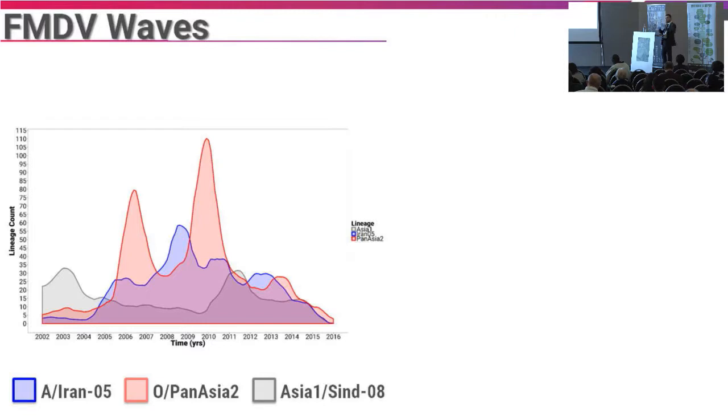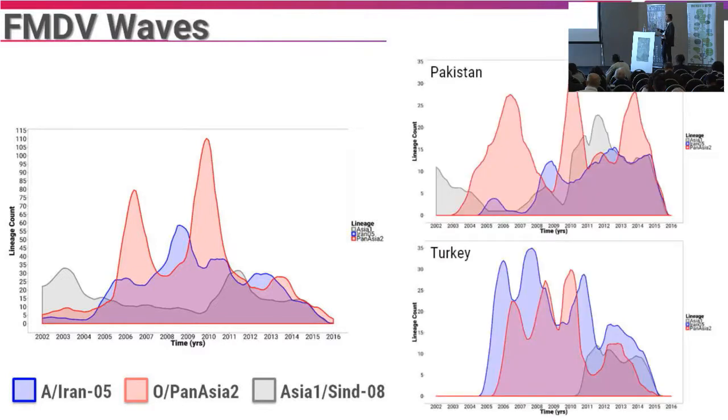What you see in the whole Middle East region is a periodical circulation of serotypes across time, with interleaving serotypes: peaks of O, then reducing activity, peaks of A, reducing activity, and back again to the peak of O. And it's quite clear that it holds both in a producing evolutionary country, like Pakistan, and a receiving evolutionary country, like Turkey, which is really similar to what we have seen from the presentation of the epidemiological data.